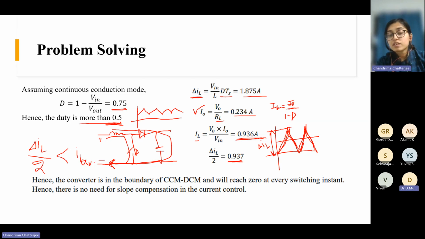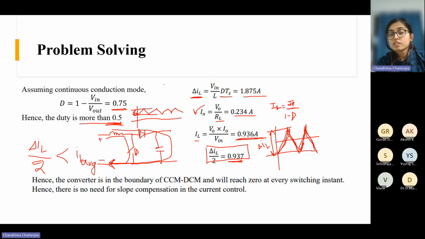That is continuous conduction mode. In that case, your ripple is like this. So this is your del IL, and del IL by 2 will be less than IL average. Okay. But in critical conduction mode, they are exactly the same.